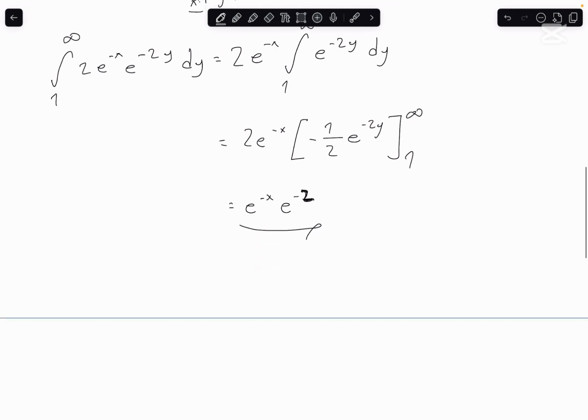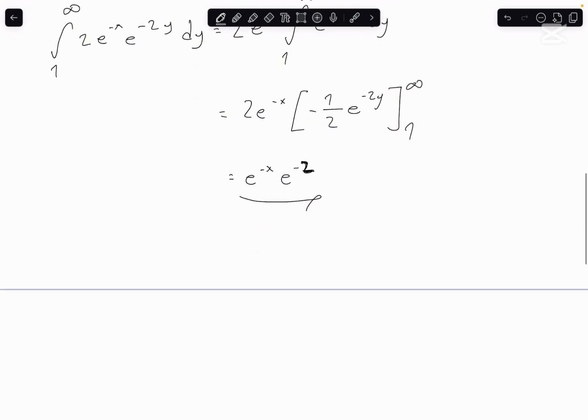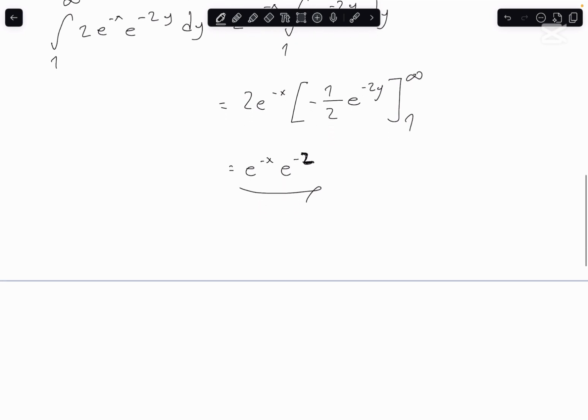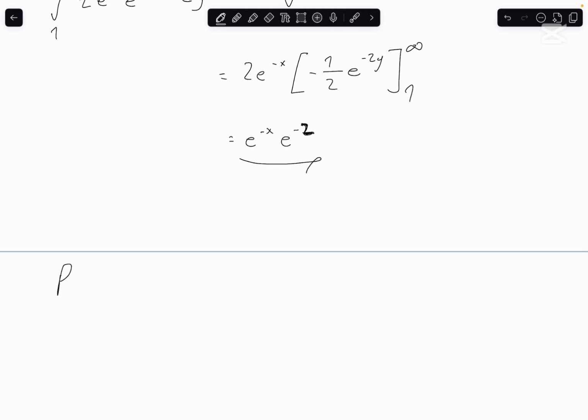In the third step, we need to integrate the remaining part over x. What I mean is, we need to find this now.